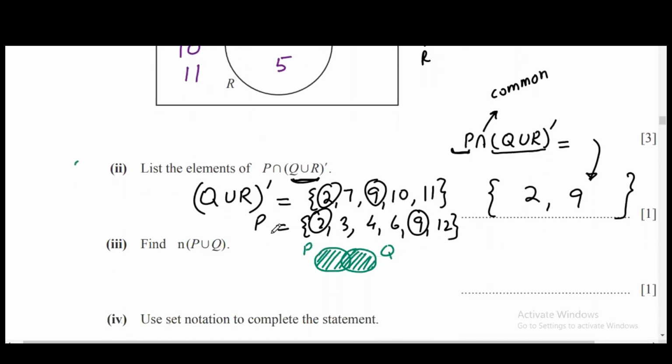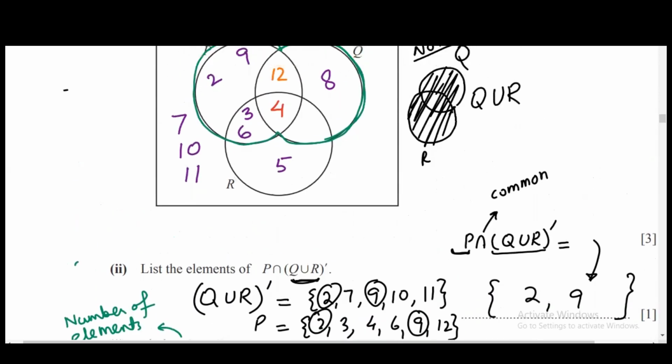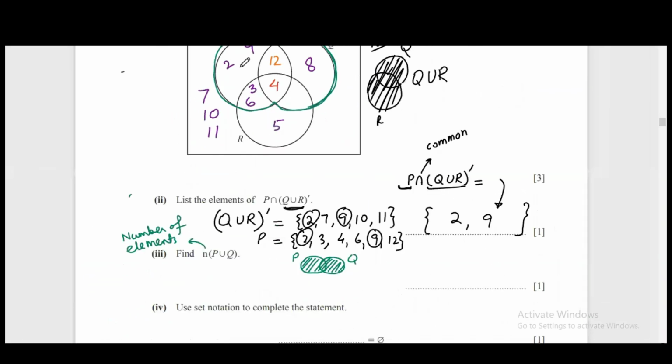You have to find n, which means the number of elements in the set P union Q. So how many elements are in the set P union Q here? There are 1, 2, 3, 4, 5, 6, and 7. There are 7 elements in the set P union Q. So the answer will be 7.